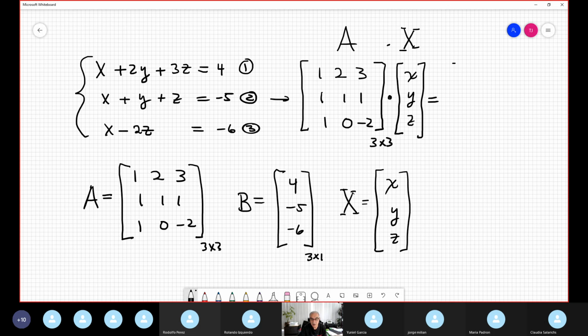And this is equal to the vector B, which is 4, -5 and -6. Okay, the only thing I did was write these equations in matrix form. I separate the numbers in front of the variables, the right hand side is B, and the variable I call x, y, and z. This is basic. The only thing I did was write it as a matrix.